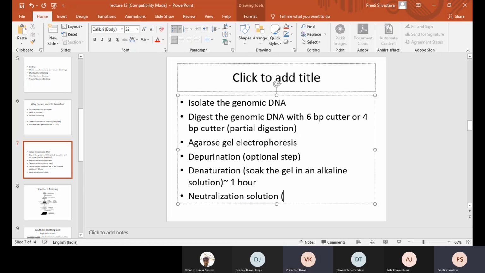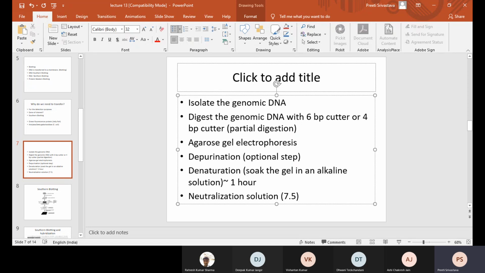Mom, just a second, what is this depurination? Yes, depurination is an optional step. It is used when the DNA fragments are really large. As the name itself says, it removes purines selectively.